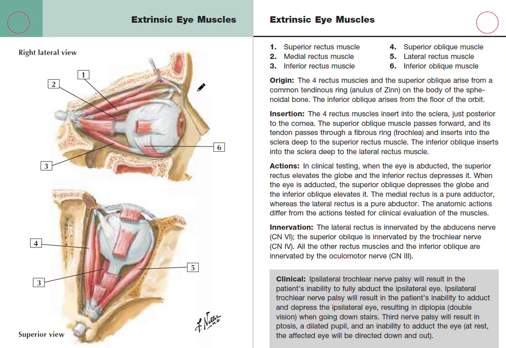A closer look at the different extrinsic eye muscles. Let us look at the different labeled parts here. One is the superior rectus muscle on top of the eyeball. Number 2, medial to the eye, of course, is the medial rectus muscle.